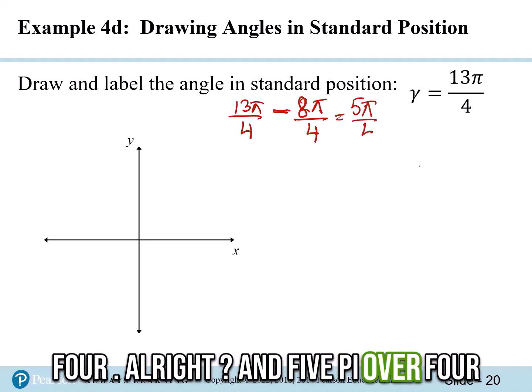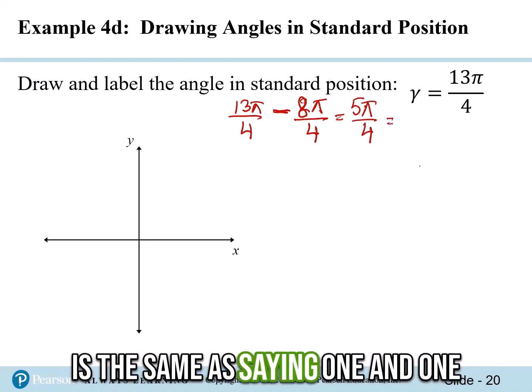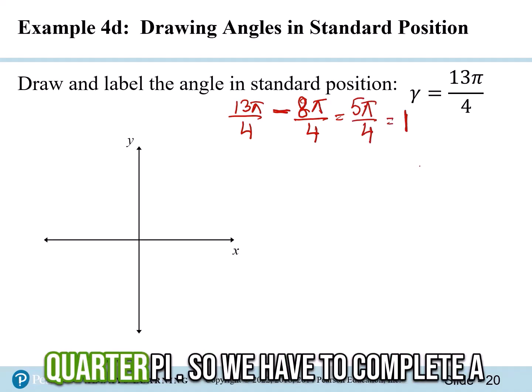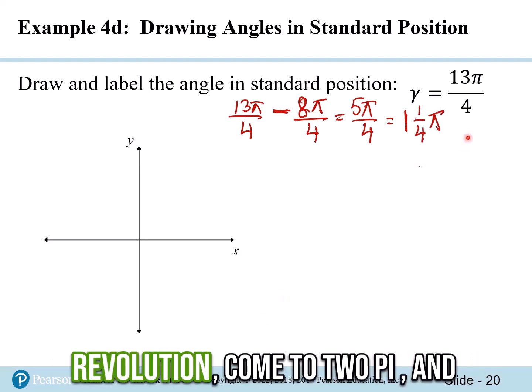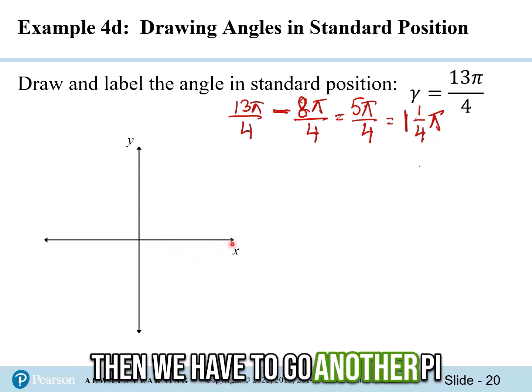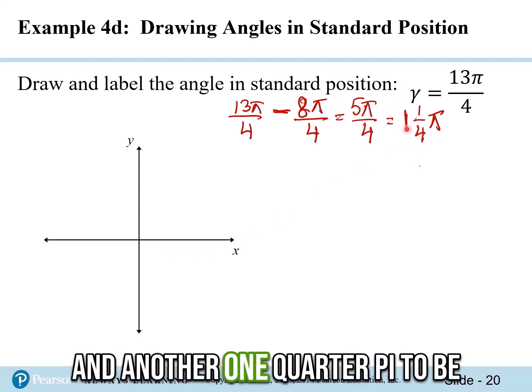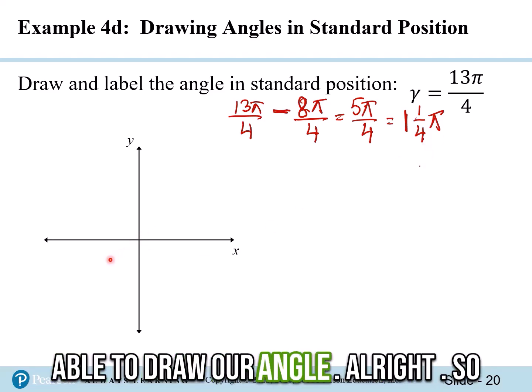And 5 pi over 4 is the same as saying 1 and 1/4 pi. So we have to complete a full revolution, come to 2 pi, and then we have to go another pi and another 1/4 pi to be able to draw our angle.